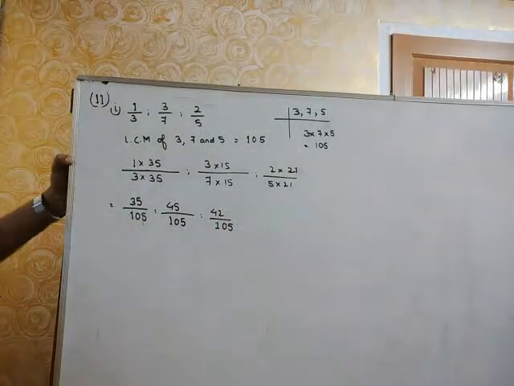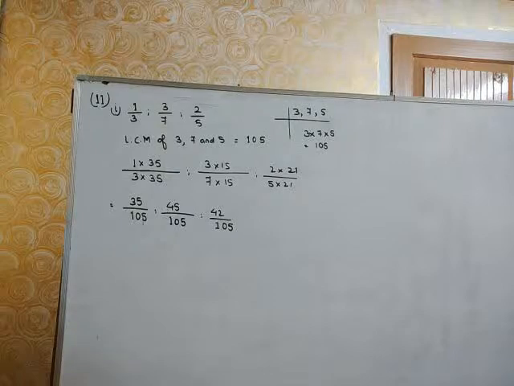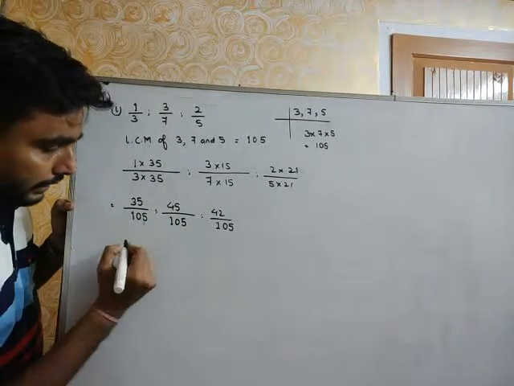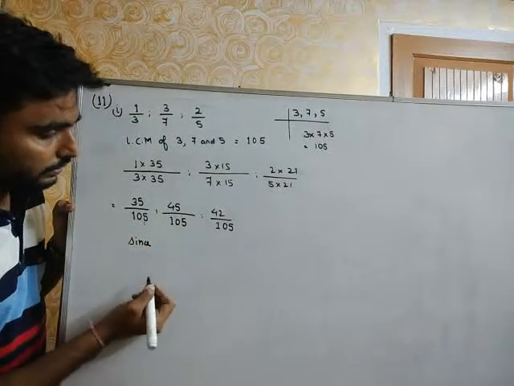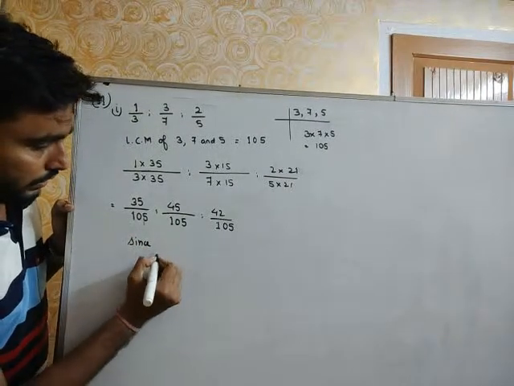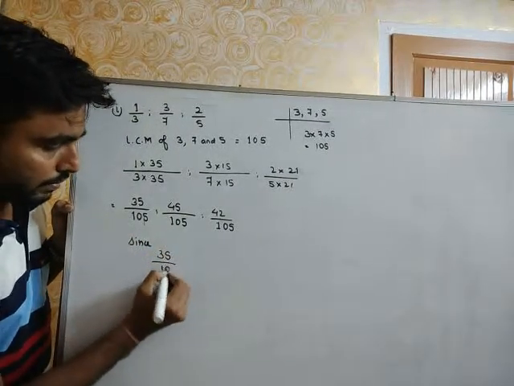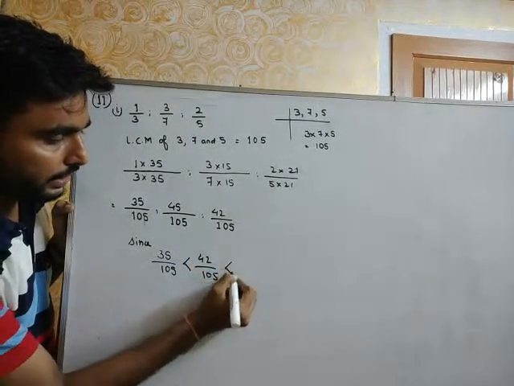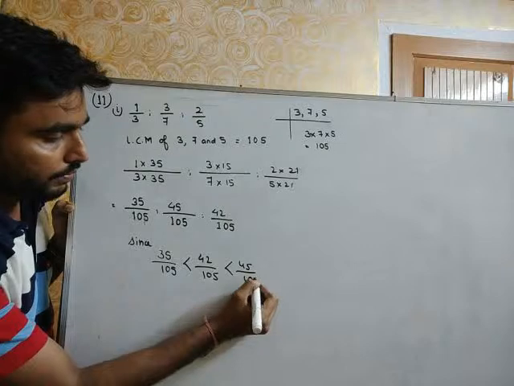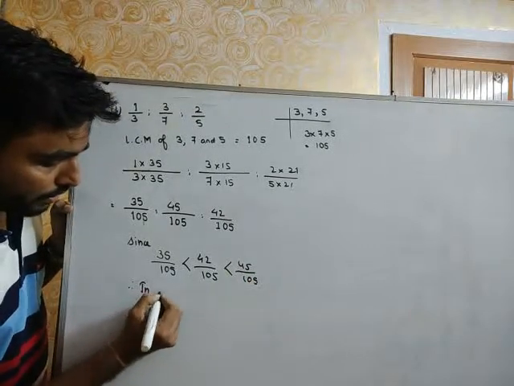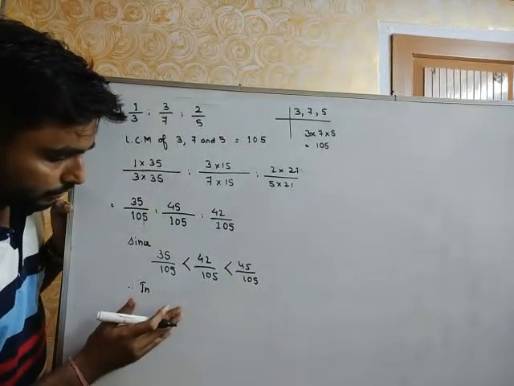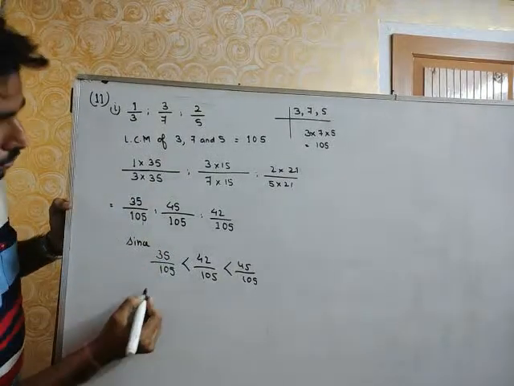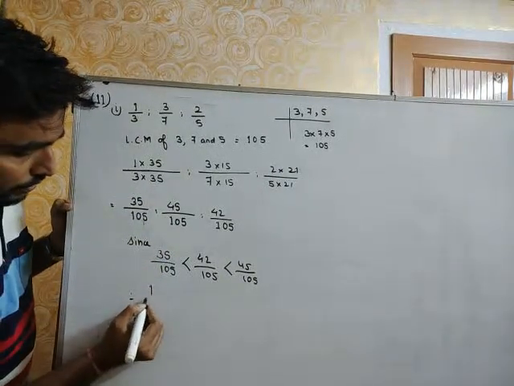Okay, now all the fractions are equivalent fractions, so we can compare them directly. Since 35 by 105 is less than 42 by 105 is less than 45 by 105. Therefore, 35 by 105 denotes 1 by 3.